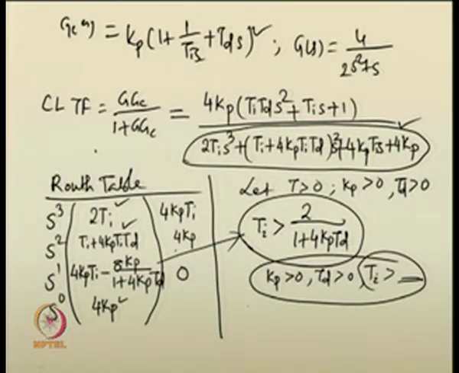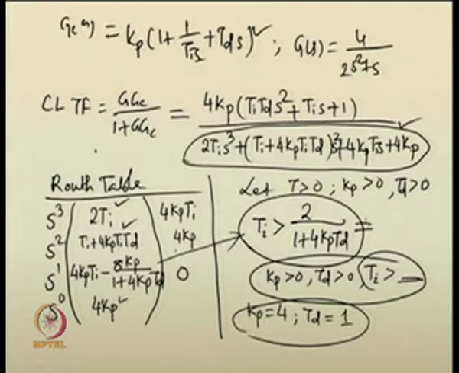For the time being, let us assume Kp equal to 4, let Td equal to 1. When Kp equal to 4 and Td equal to 1, then the condition gives us Ti has to be greater than 2 upon 17.